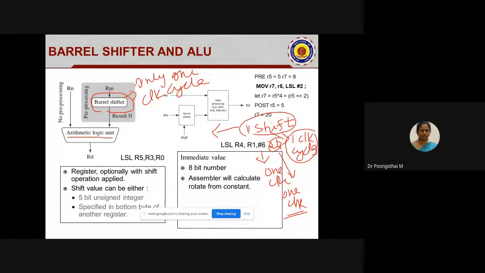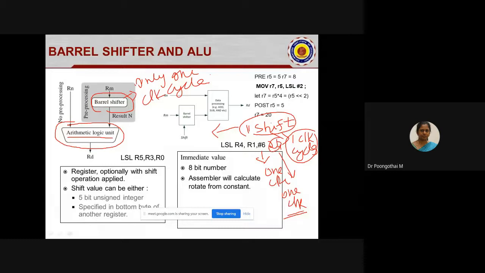Also it is used to achieve fast multiplication and division by powers of 2. So here one of the operands directly enters the ALU and one of the operands is pre-processed by the parallel shifter to improve the performance of ARM Cortex M processors.